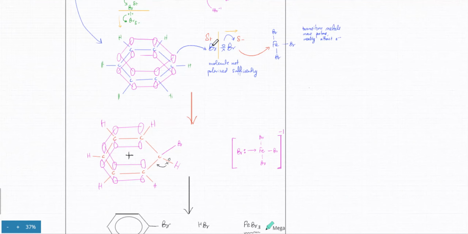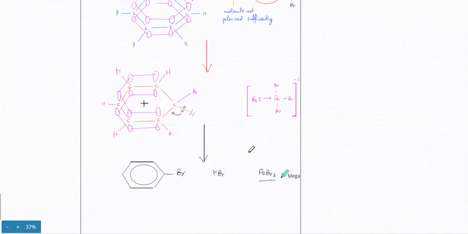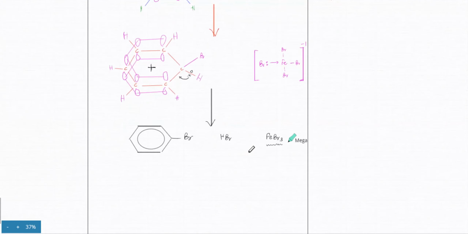And the Br positive that's lost takes one electron from the pi electron cloud and bonds with it. Then the pi electron cloud is electron deficient. It needs its electron back, so it pulls an electron away from hydrogen. In that way, H plus 1 is released, which ends up bonding with the Br minus 1 that was lost earlier to form HBr.